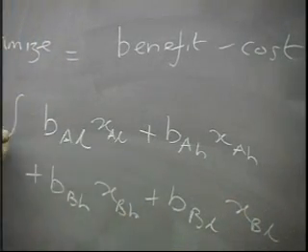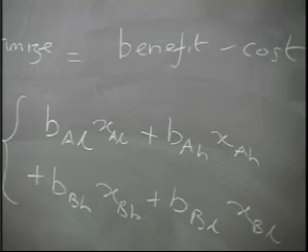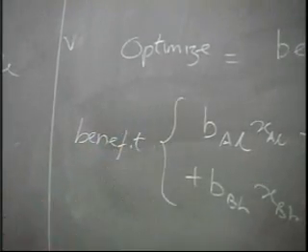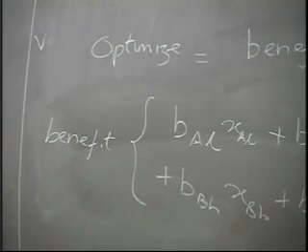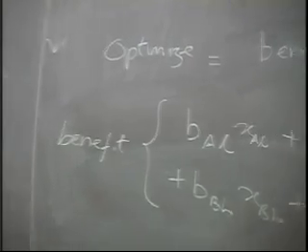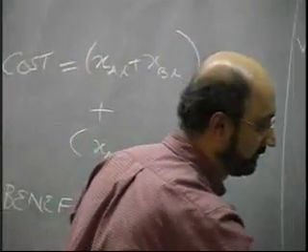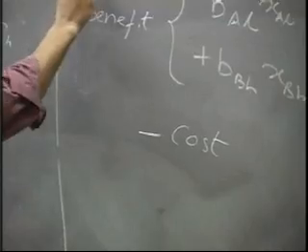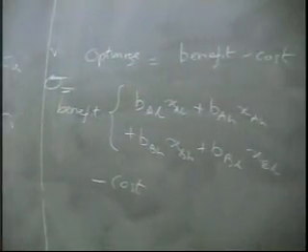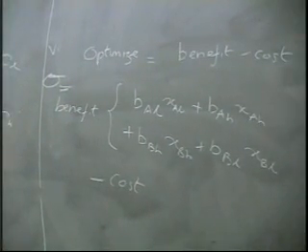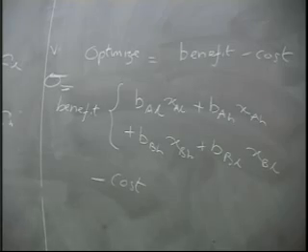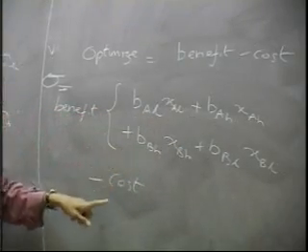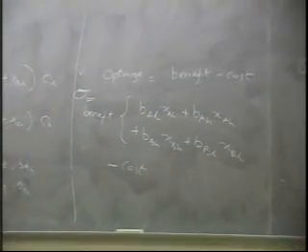Those are the benefits, minus the cost. We plug the cost in over here, minus cost. And this, we say, is the objective function O. So O is just these 4 terms minus these 4 terms.